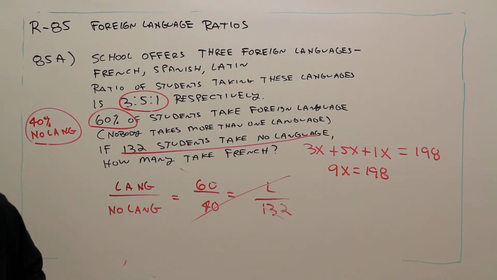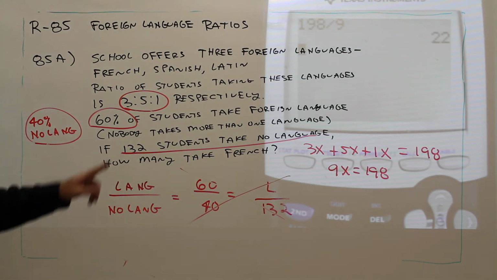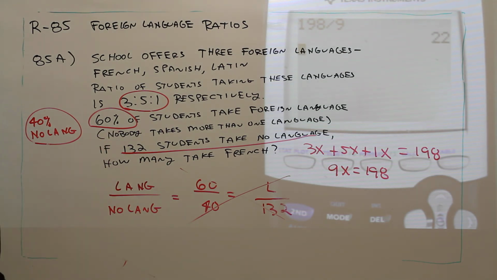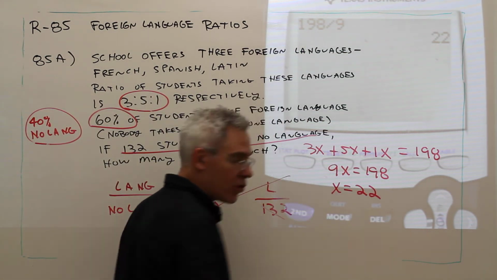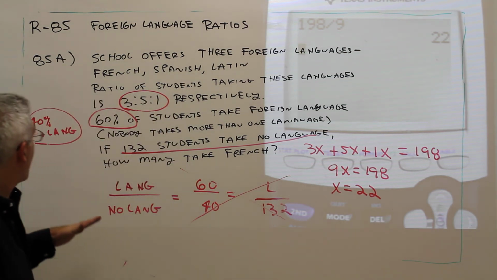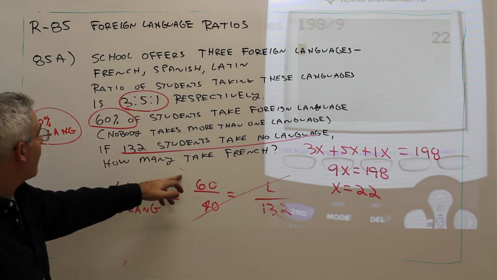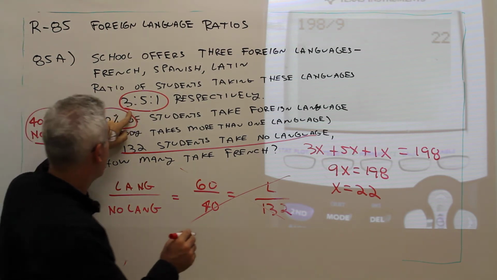I could use my calculator again. Divide by 9. 198 divided by 9. And I get 22. So x is 22. They don't care about x. They want to know how many students are taking French. So it went French, Spanish, Latin.